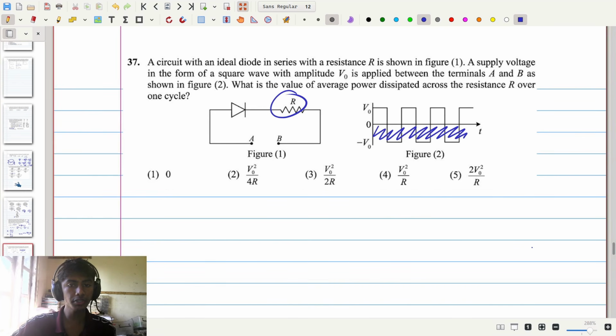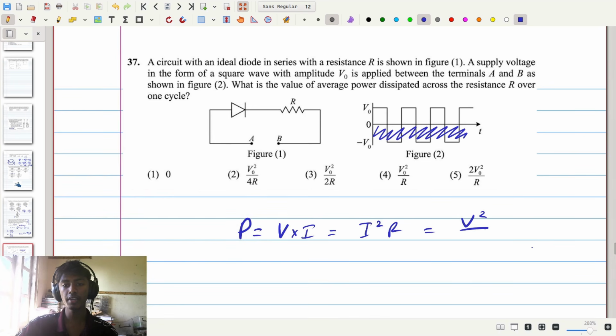And in that half of the time, the voltage is V0 and the resistance is R. Now power is equal to voltage times current, or alternatively, if we substitute using V equals IR, we can get I squared times R or V squared divided by R. In this case, we're going to be using this one.